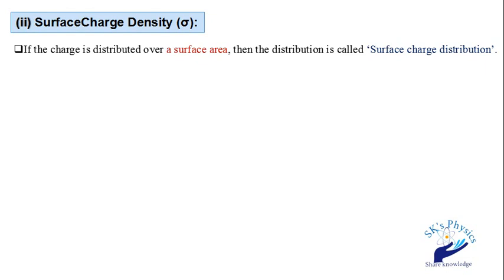Second, surface charge density sigma. If the charge is distributed over a surface area, then the distribution is called surface charge distribution. Surface charge density is the charge per unit area.